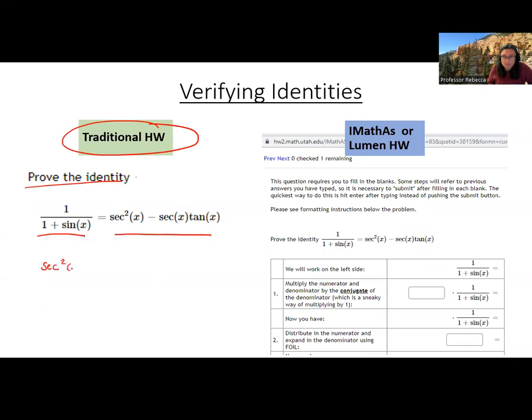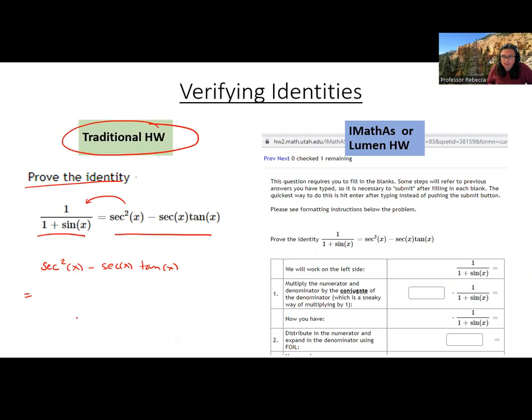So I have secant squared x minus secant x, tangent x. And it is the proper thing to do, or the conventional thing to do, to rewrite the entire side. And then you need to think about how to manipulate it with the goal of getting it to look like the other side.